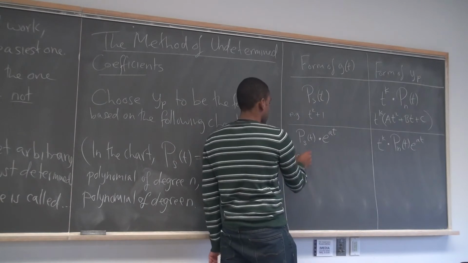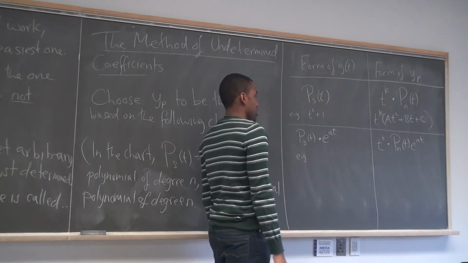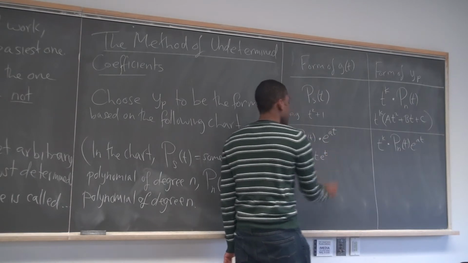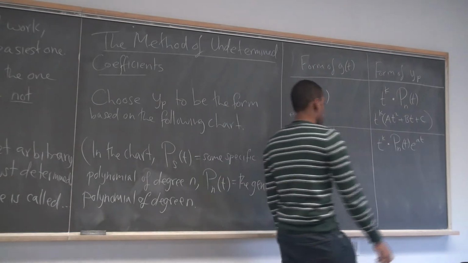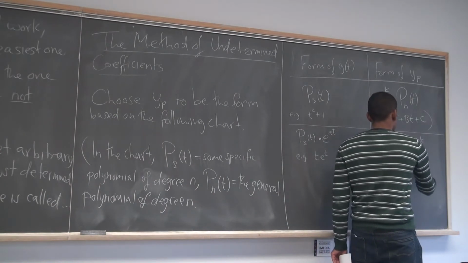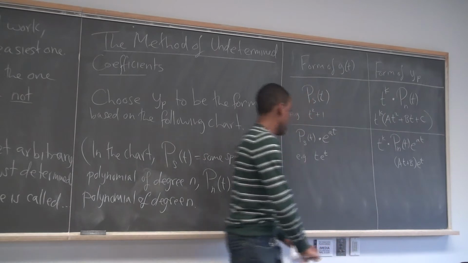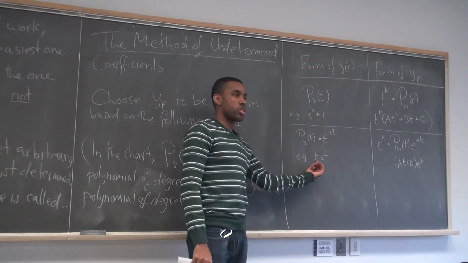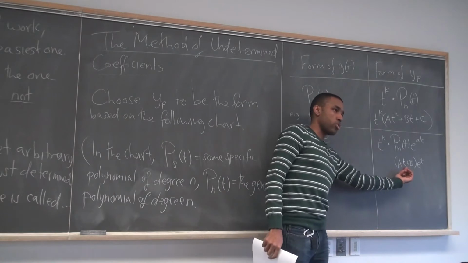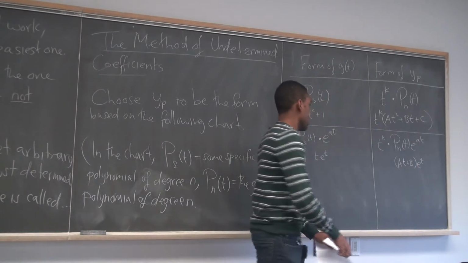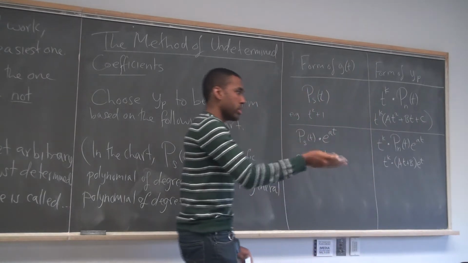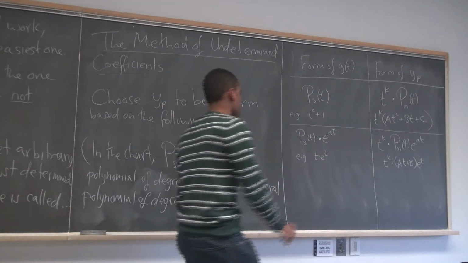So for example, if your right side is t e to the t, over here you would choose (at plus b) times e to the t. t is a first degree polynomial. You write down the general first degree polynomial times e to the t. And then, just in case there's redundancy, you'd multiply by t's to kill anything that looks like a homogeneous solution.